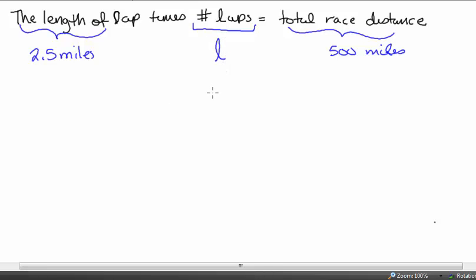Make sure you use a cursive L so that you can tell it's an L and not a 1. And so we'll take the length of the lap times the number of laps to equal 500 miles, and then we can find out from there exactly how many laps you take on the race.